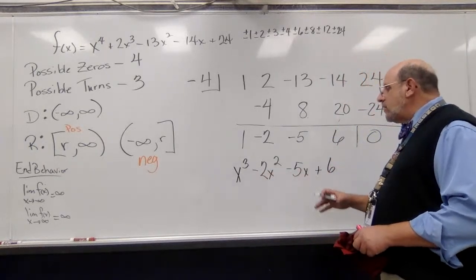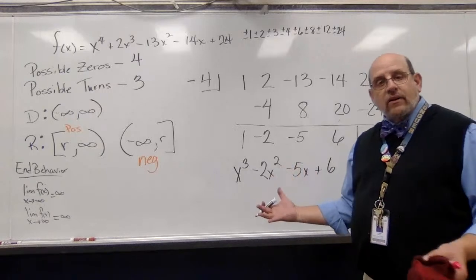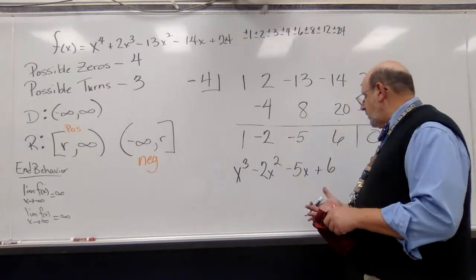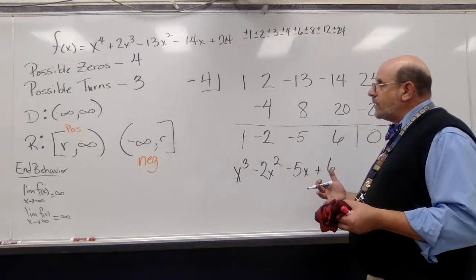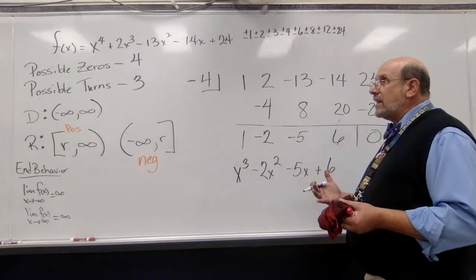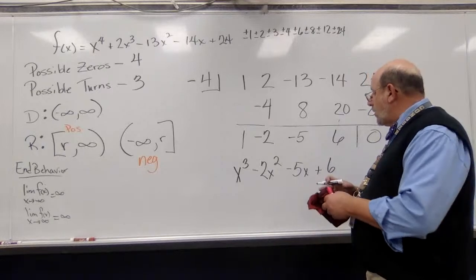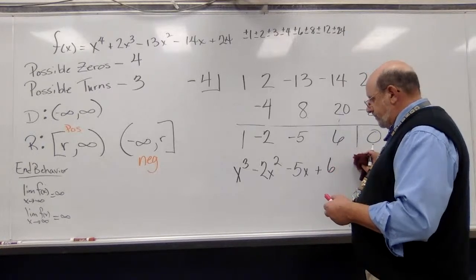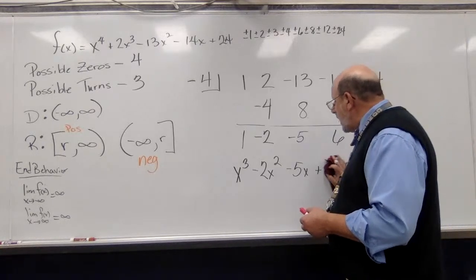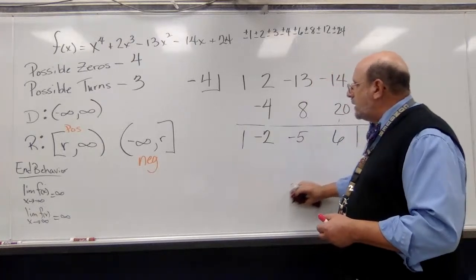Can I factor it? Sure. I can factor by grouping. Is it exciting? No. I could, but I'm not going to. I'm going to go ahead and keep doing this.